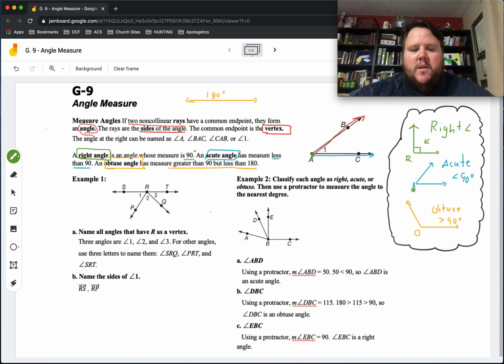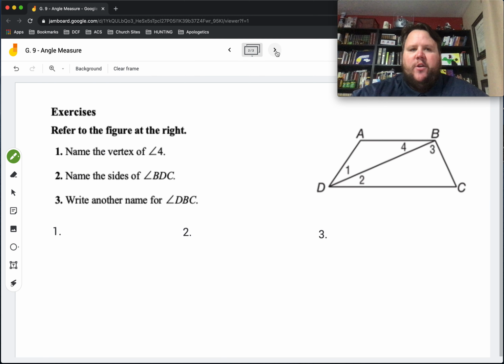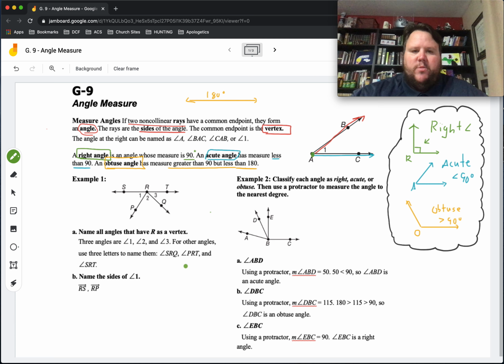Right angle. So we have an example 1 here, and then you guys are going to do it on your own. If you remember up here, we have our different problems. So I'm just going to go through the examples with you. So example 1, we have this diagram here. SRT is a line, RPRQ is an angle.